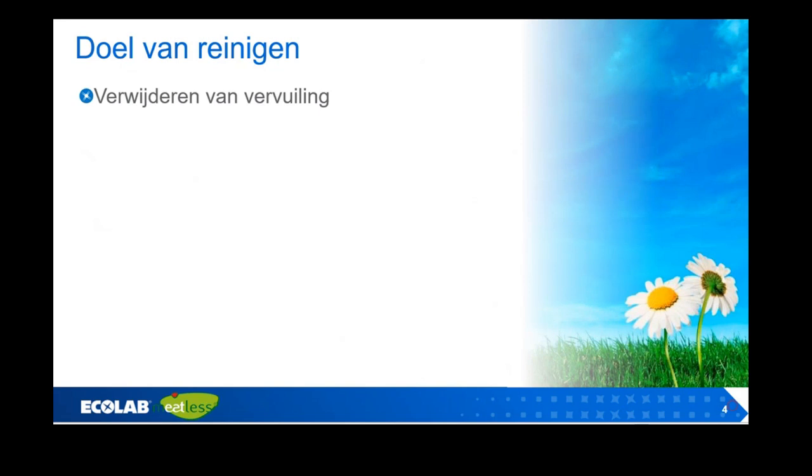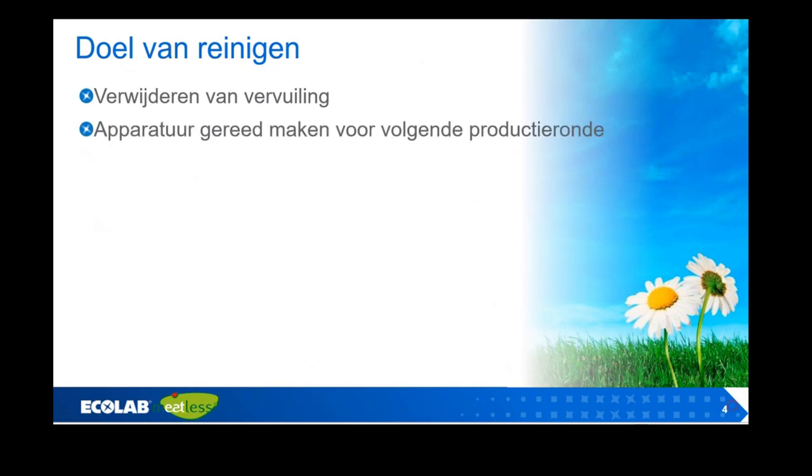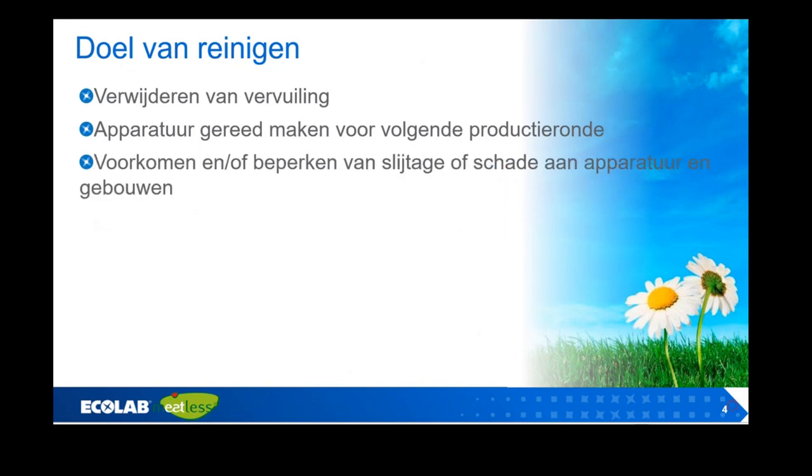So the first is the removal of dirt. The second is to make equipment ready for the next production round. The third is to prevent damage to equipment. And the fourth is, what you said, to make sure that you have a hygienic environment.